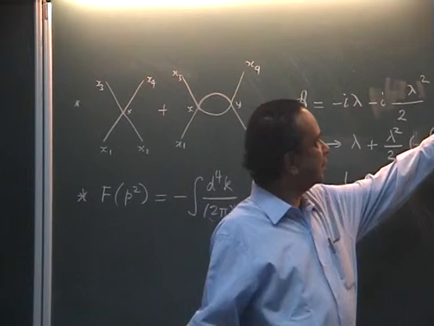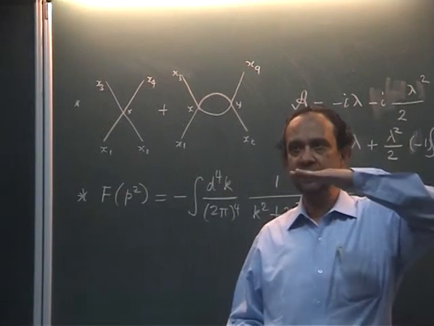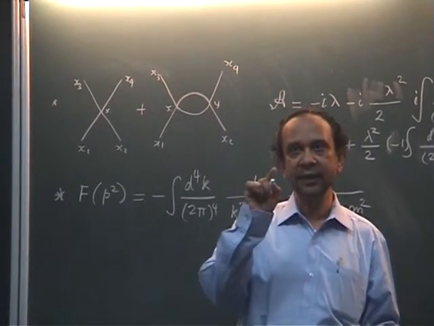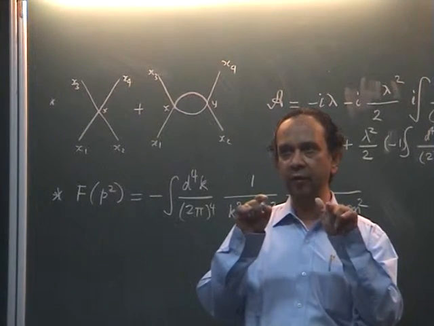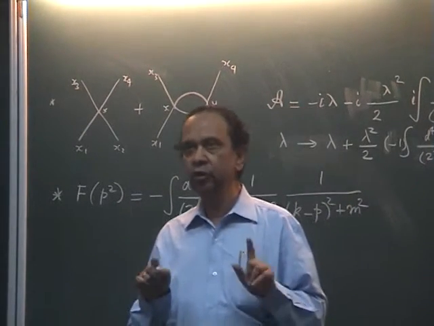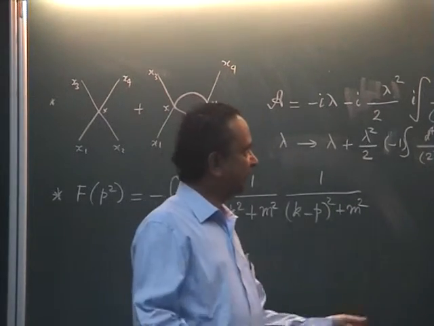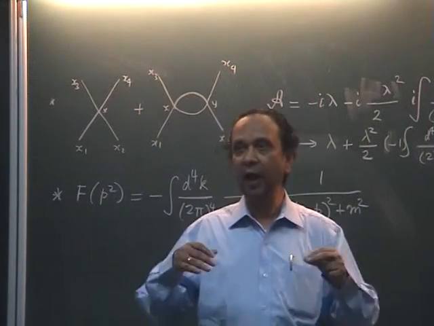When you do this Euclidean rotation, what you are doing is that you have a real axis on k and you are rotating like this, which means that in the second upper quadrant, and in the fourth quadrant, on the left bottom quadrant, you should not have any poles for this rotation to work. That is guaranteed by the i epsilon. You can just check it out, because that is the whole idea of rotating.